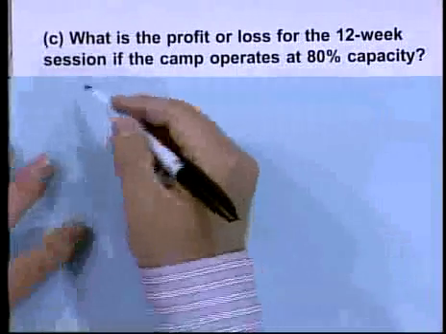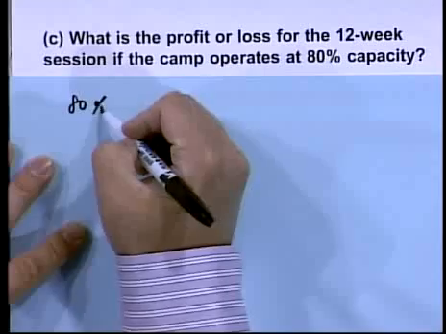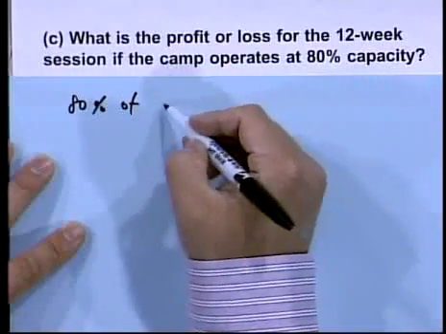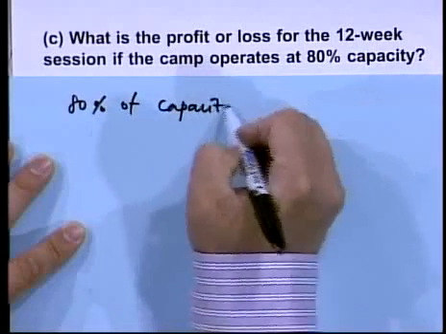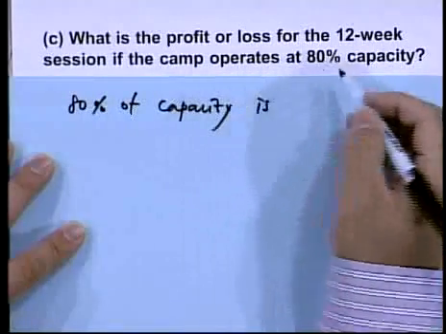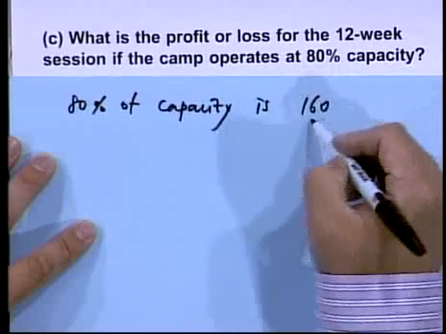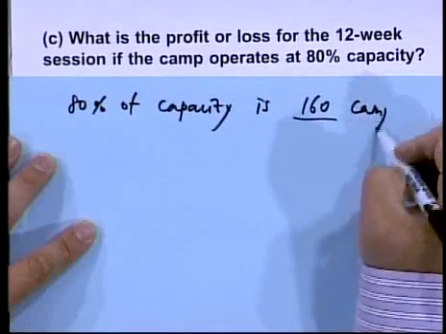So 80% of capacity is 160, right? 160 campers.